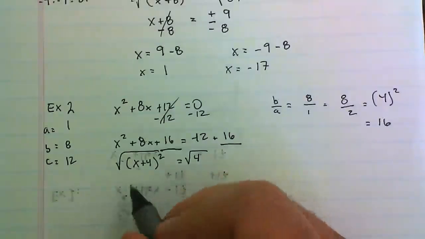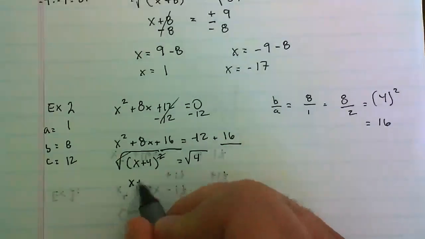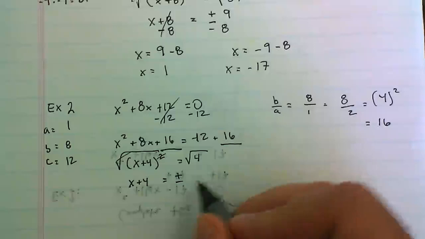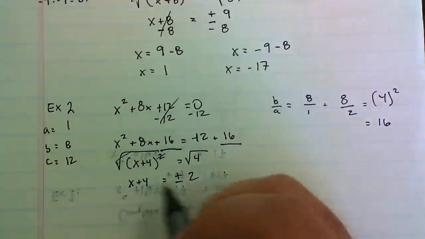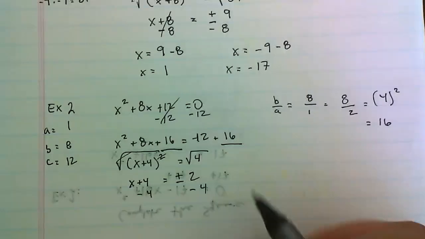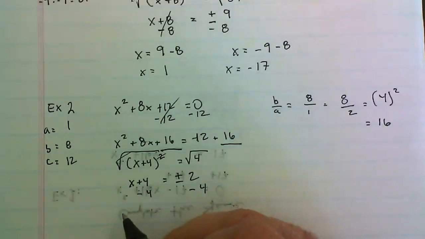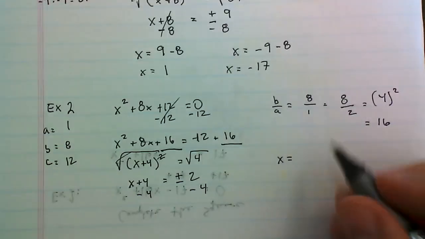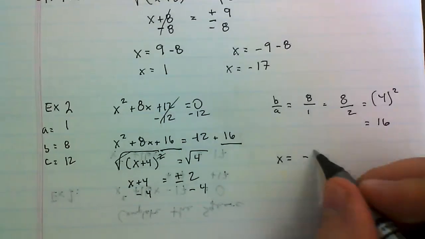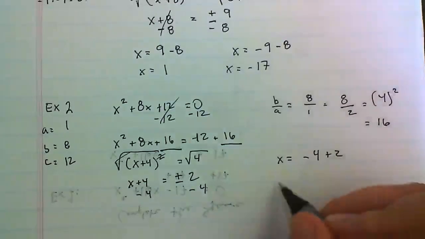In this case it's 2. And you get 4. And then you have to square that. So when you square 4, you get 16. And that's the number that you are going to add to this side and to this side. Okay? So once I've done that, I've made my perfect square here.